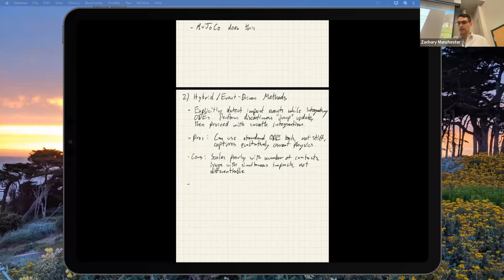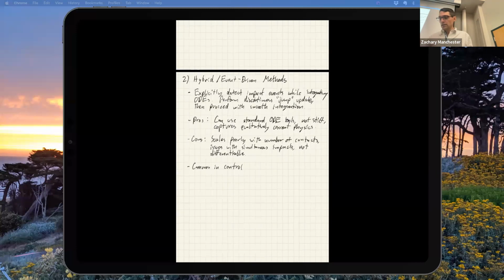This is common in control. You'll definitely see this if you work on legged robots, for example. It's how the state-of-the-art MPC controllers reason about stuff, and some of the people who do that build their own simulators just for their quadrupeds, because there you only have to reason about guard functions for these four feet.